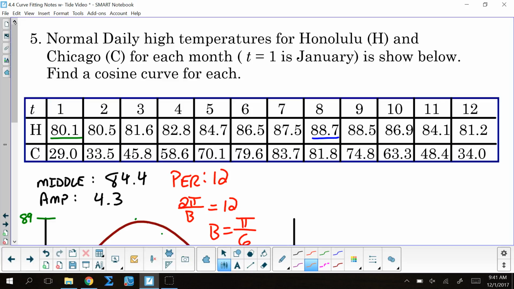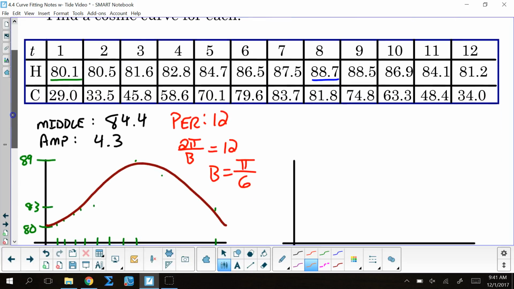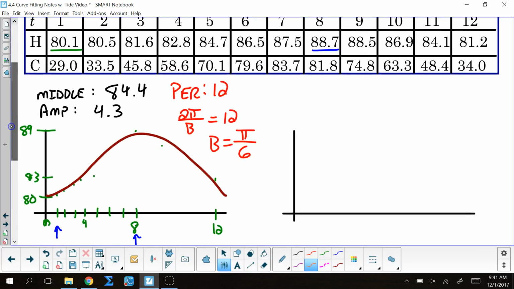All right. Now let's shift to Chicago. Chicago has a high of that one and a low of that one. Yes? Knowing what we know, do I truly have to graph the scatter plot?